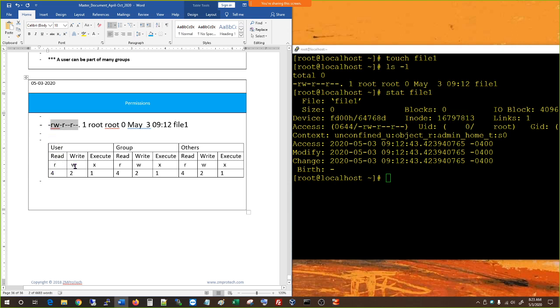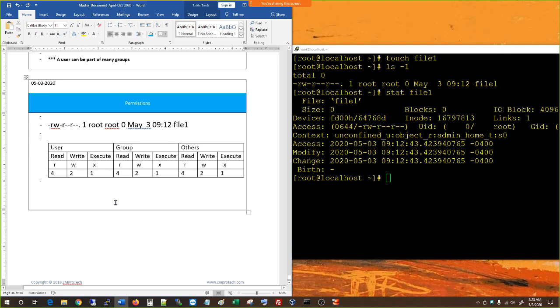We have read, write, one is blank, that stands for X, execute. Read, write, execute, read, write, execute. First 3 belong to the users, the second 3 belong to group permissions, and the rest belong to others. Okay. All right.